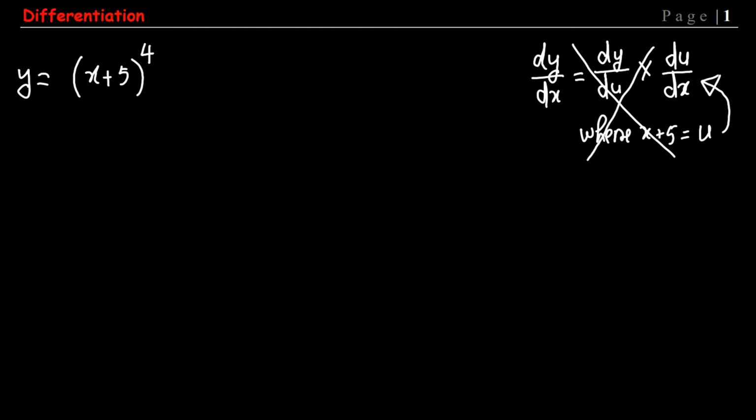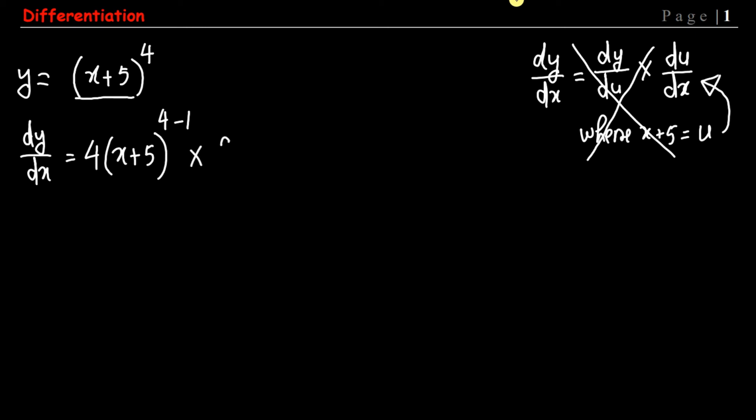Let's see my working. If I write dy/dx here, then we can start like this. First, differentiate the power, which is given here as 4, so we write 4. Then inside the bracket, write what is written there. Then from the power we subtract 1.